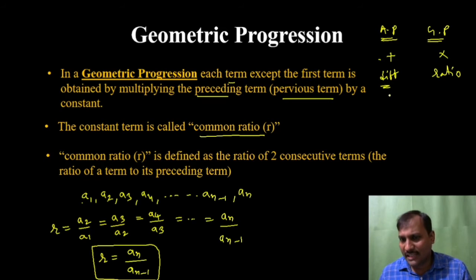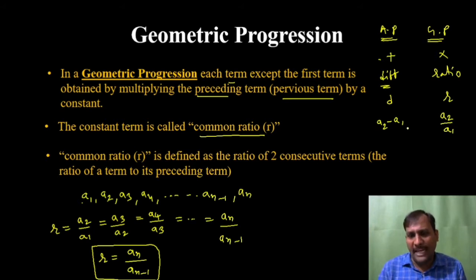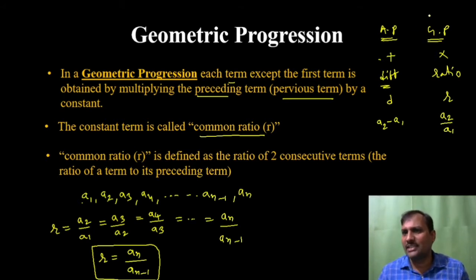The common difference is denoted by D, here the common ratio is denoted by R. So the common difference is defined as A2 minus A1. Here in GP the common ratio is defined as A2 by A1. So when you compare geometric progression with arithmetic progression, you will understand it more easily.